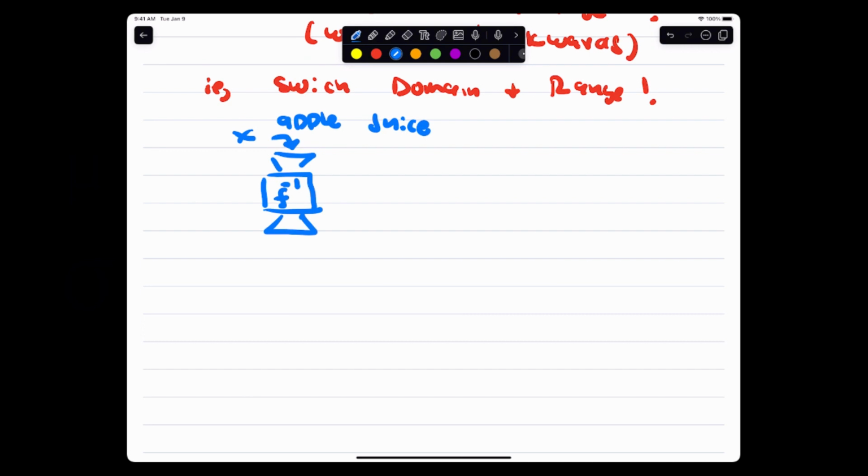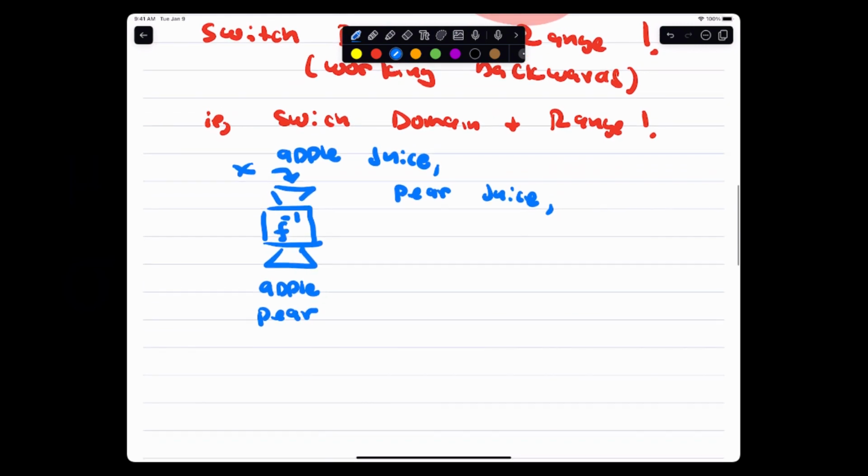If you worked backwards, what does that even mean now? You're now going to get an apple. Pear juice is now going to give you a pear.